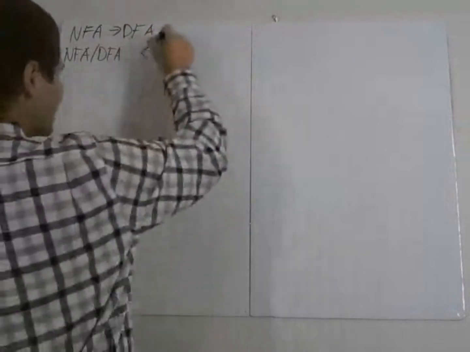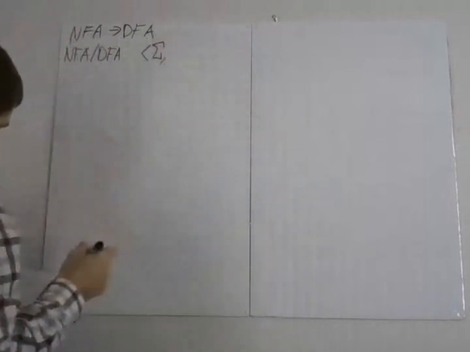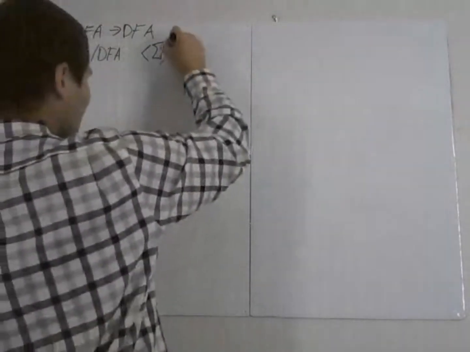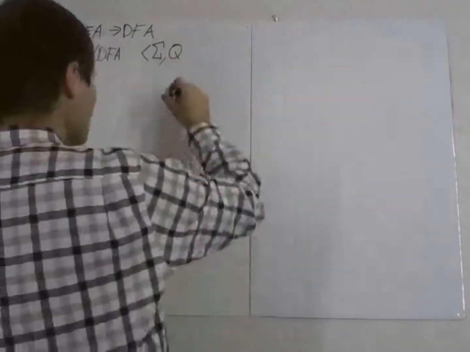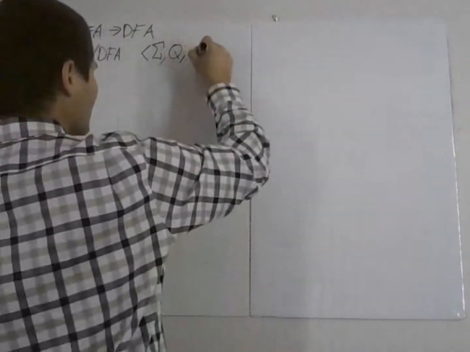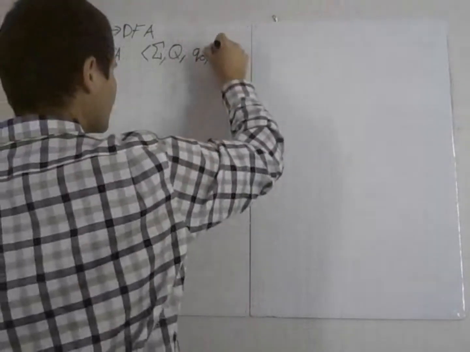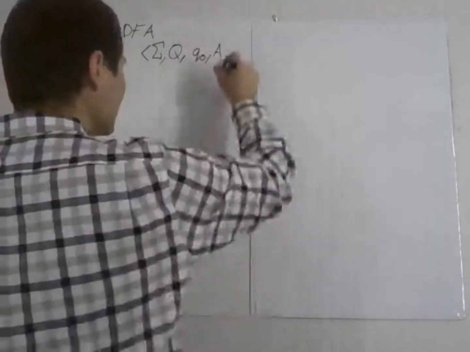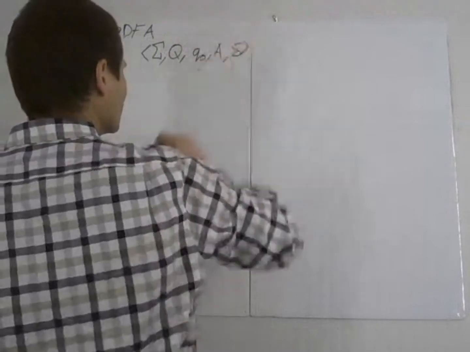And so we have a tuple where we list out the alphabet, the finite set of alphabet symbols. We have a set of states Q. We have a start state Q0, a set of accepting states A, and a transition function delta.